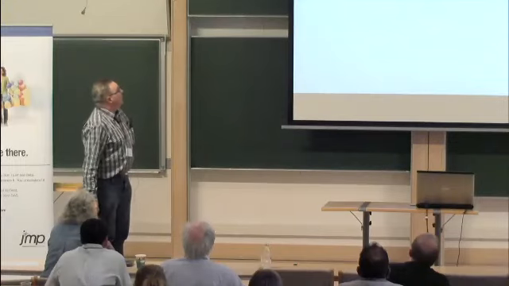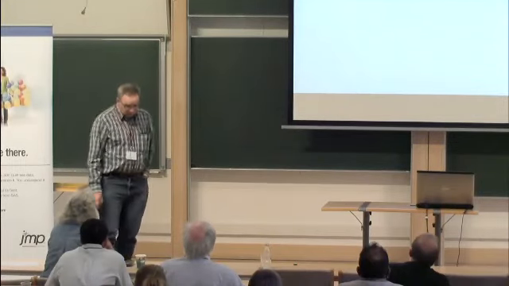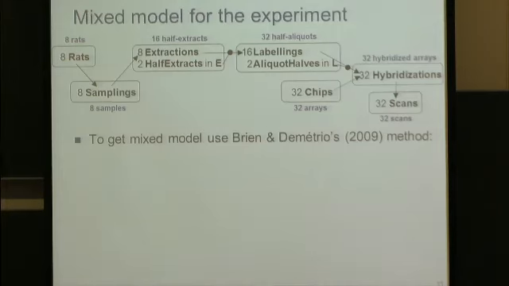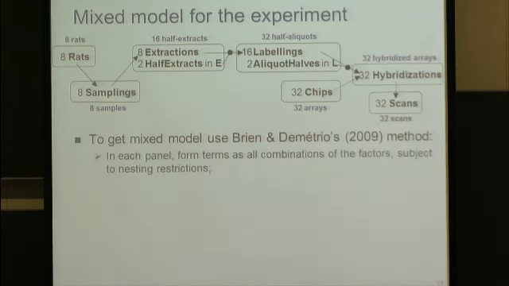So I want to get a mixed model for that, and the way I do that is use the method that Clarissa Demetrio and I outlined in a 2009 paper in JABES, which basically says from each panel you form the terms as all combinations of the factors subject to the nesting restrictions on the factors, that is, what the factor is nested within.